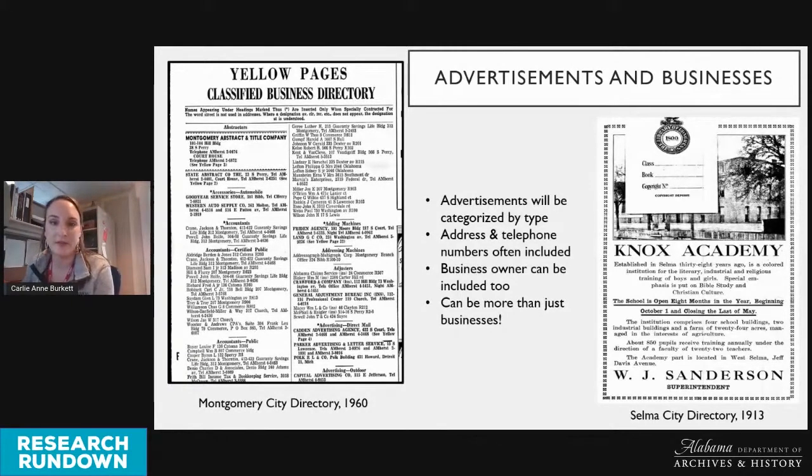So this was a pretty cool example I found. I hate that this little copyright deposit sticker is there, so you can't see the picture of the school, but it gives you a good example of how some advertisements are. This one took up an entire page, and some may only take up a quarter of the page or a third, but this one took up an entire page.